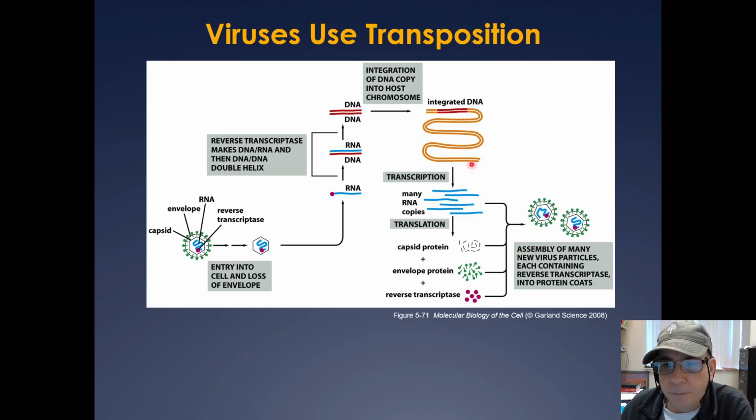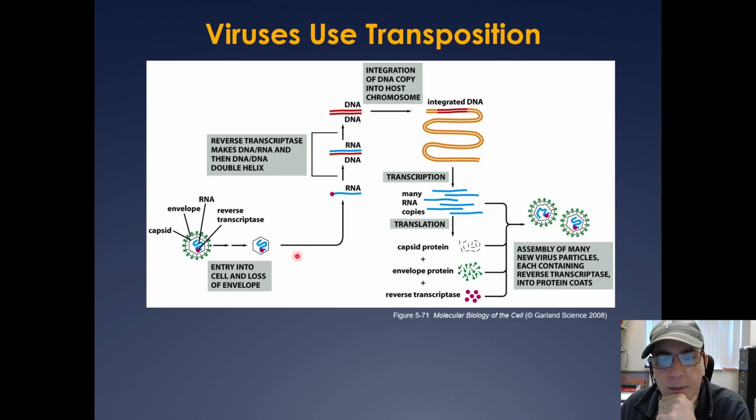Once the DNA is integrated, the RNA is expressed, and the RNA from the virus can make the capsid protein, the envelope protein, all the other things that the virus needs, and you'll get production of more viral particles. Okay, all containing the RNA and the reverse transcriptase, and then they can go on to infect other cells.